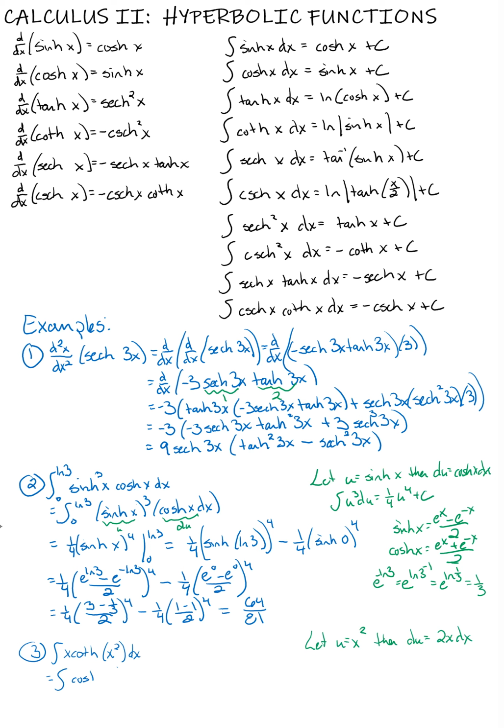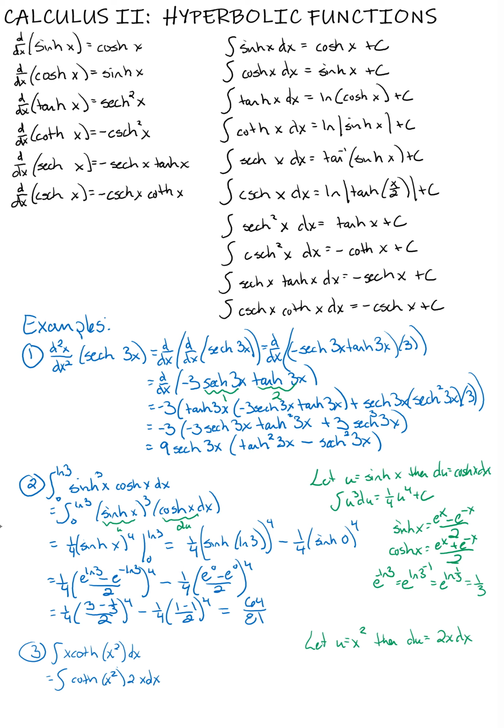So if I rewrite this as hyperbolic cotangent of x squared, now I'm going to move that x to the back. But I notice that I will need a 2 in there. 2x dx is what I really want back there, so let's put that in there.